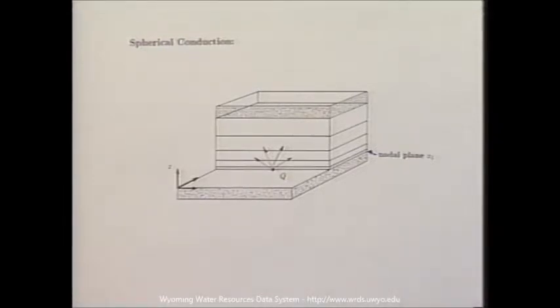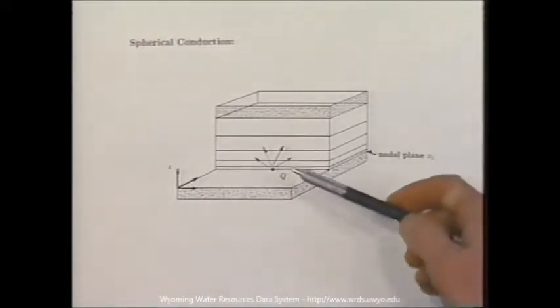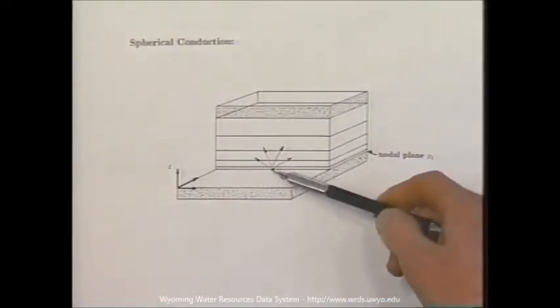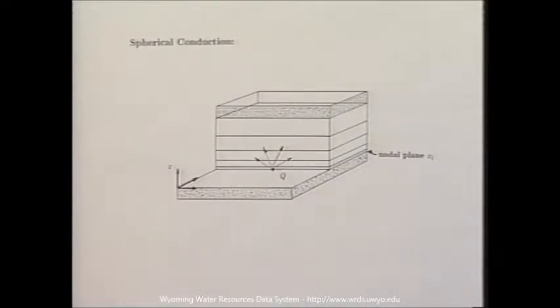This could really be thought of as a heat conduction problem where you've got a point source and you're applying a constant flux. And the temperature, of course, conducts, or the heat conducts outward, and you get a temperature profile. In hydrology terms, it'd be like a point source where you're injecting at that particular point in the aquifer a certain flow rate. This will be the second problem that I look at.